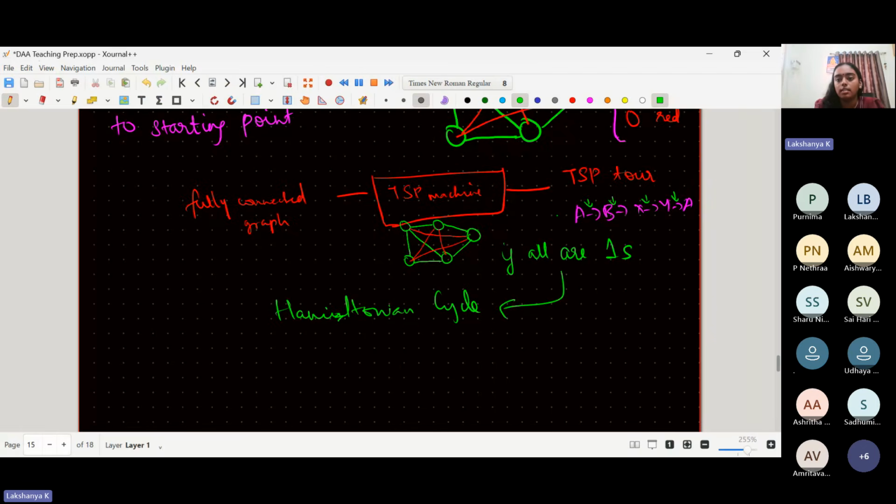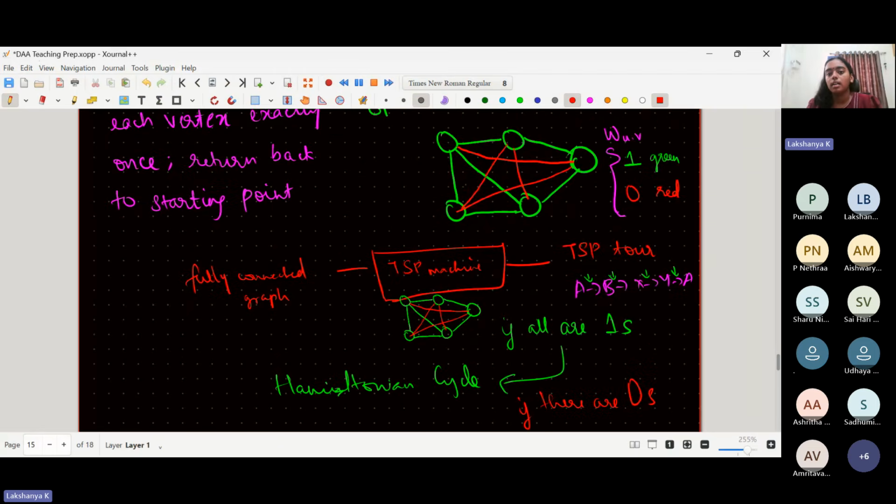Whereas if there are zeros, if there is even one 0, it means there is a TSP tour in this graph, or it is possible to visit every vertex exactly once and come back where you started, but only if you are willing to go through some of these roads which you created, which were not existing.